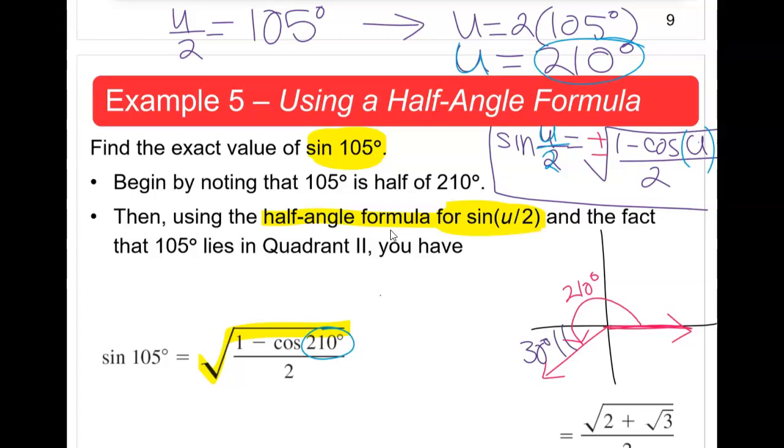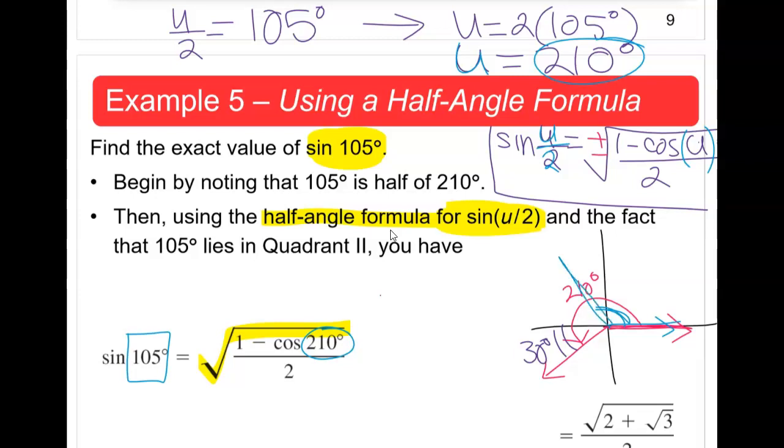Now, the angle that we're trying to calculate sine is 105. Now, 105 in standard position starts on the positive x, counterclockwise, goes up to 90, and then 15 degrees more past 90.